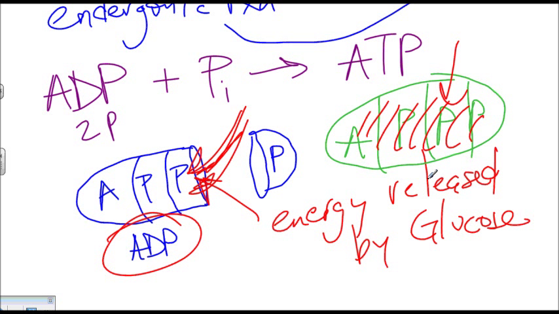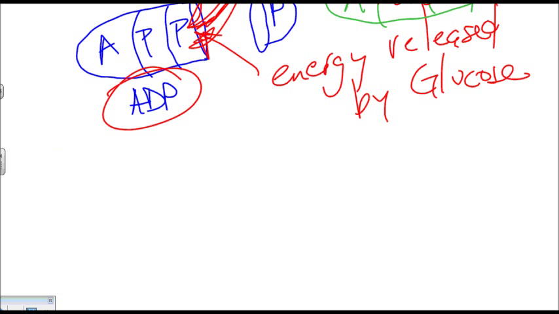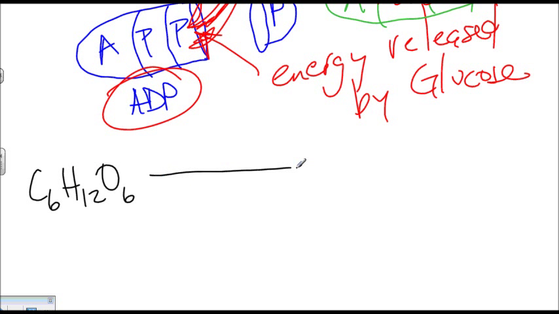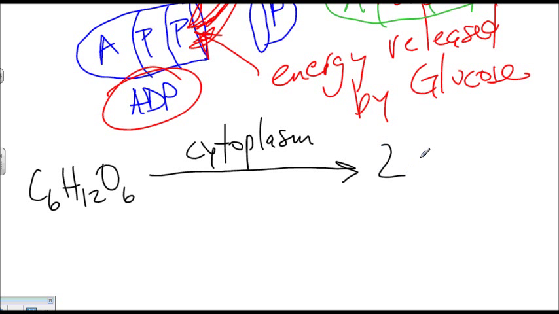Now, let's look at what the actual reaction looks like. We have glucose, C6H12O6, which undergoes a breakdown within the cytoplasm of a cell, and this is what we refer to as glycolysis, to form 2 molecules of pyruvate.